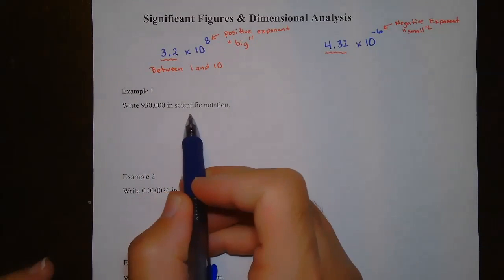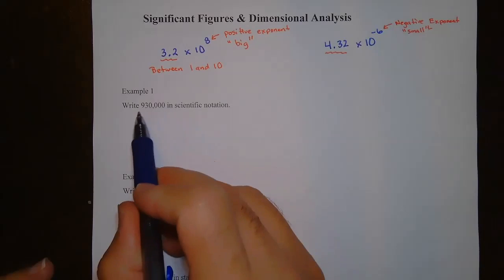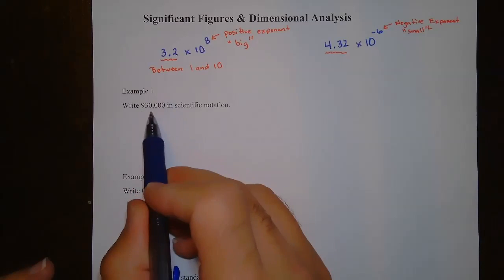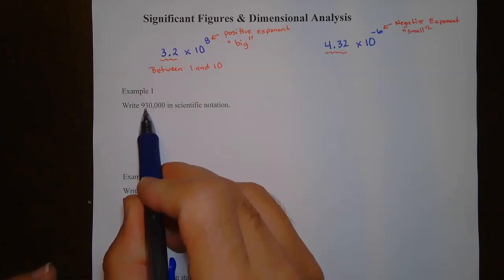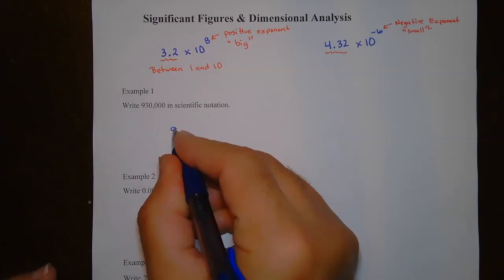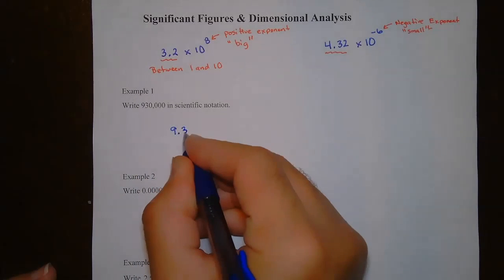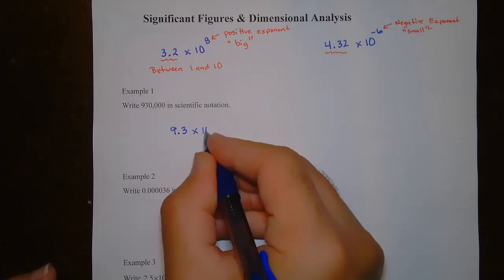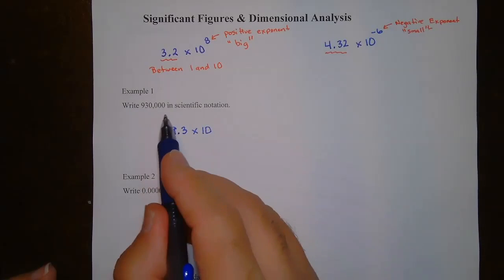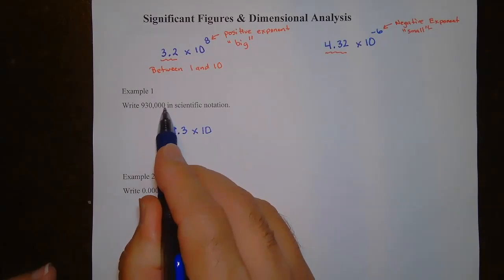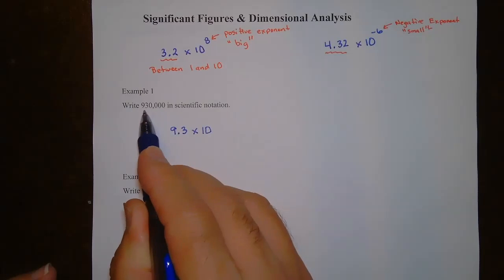All right, so this first number, 930,000, we want to write it in scientific notation. The number that we have to put, which has to be between 1 and 10, is going to have to be this 9.3 right here. So this would be written as 9.3 times 10 to the, okay, so there's a decimal place right here at the end of this last zero, which means I would have to move it 1, 2, 3, 4, 5 places.